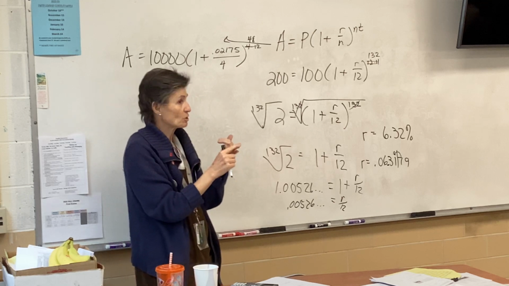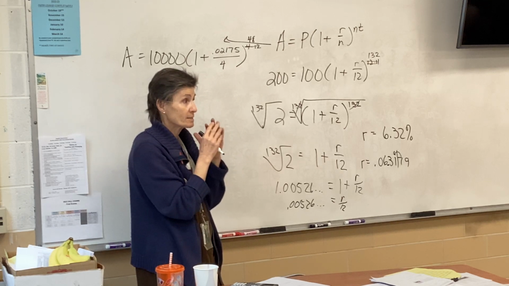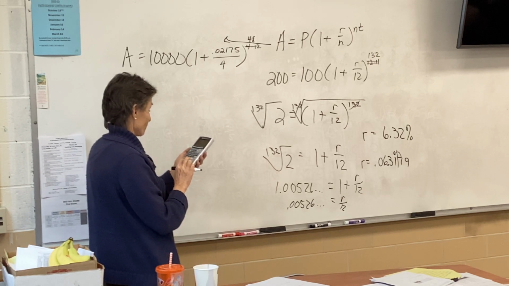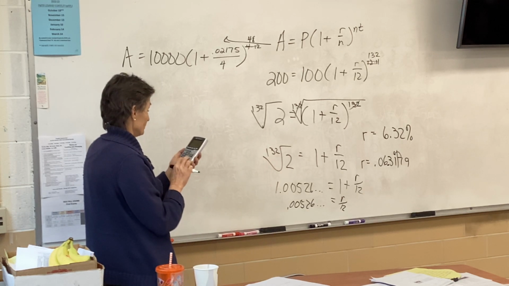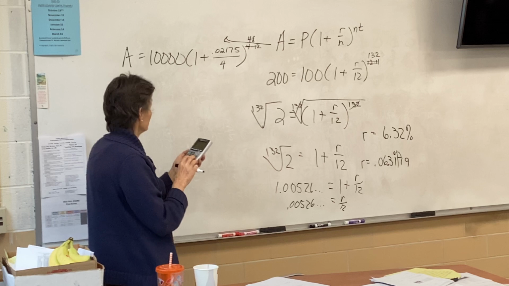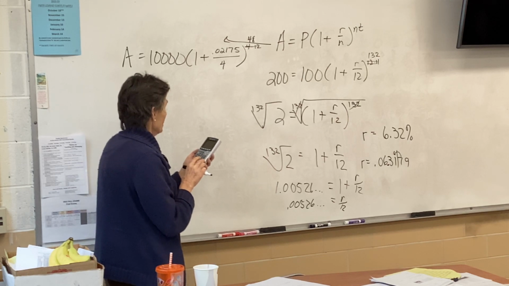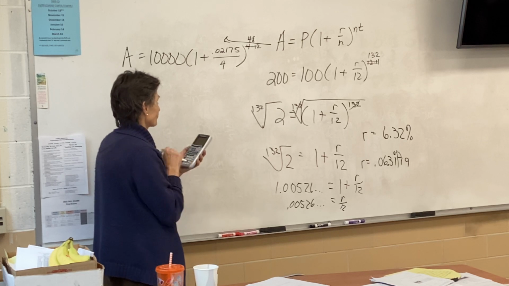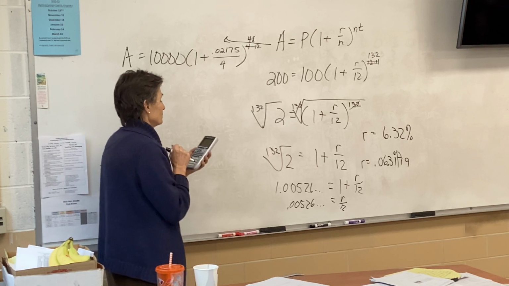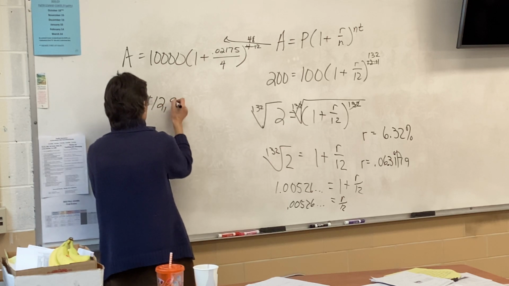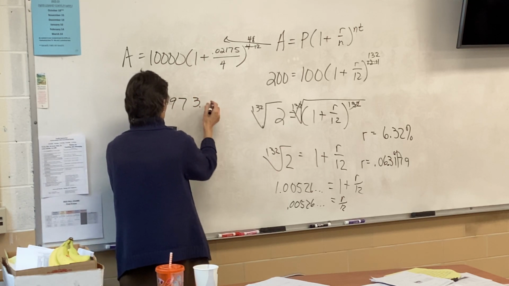Do I need any special buttons? I just type it in. That's what I got, $12,973.10.